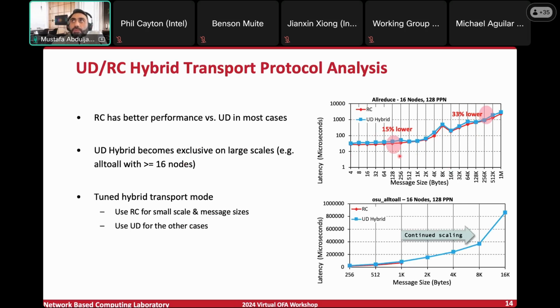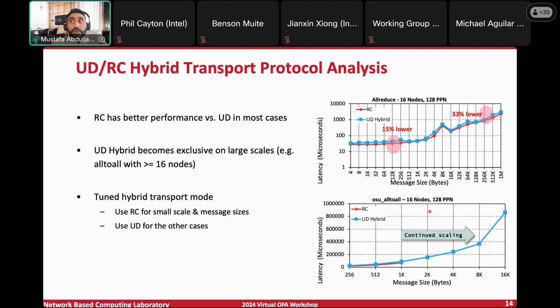If we just compare the basic performance for a major collective such as Reduce on 16 nodes, we have a lower latency for RC that goes from 15% lower to 33% lower latency.